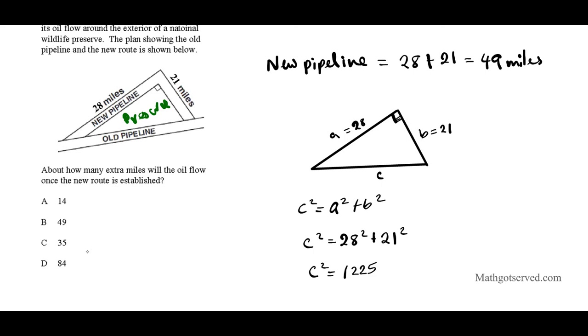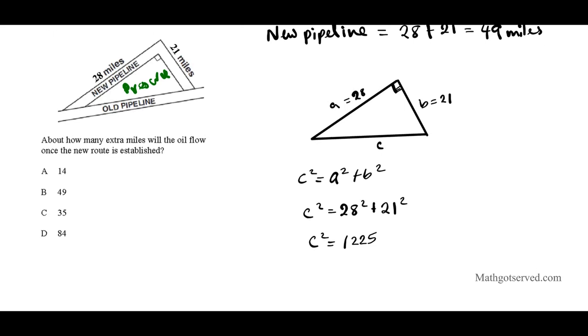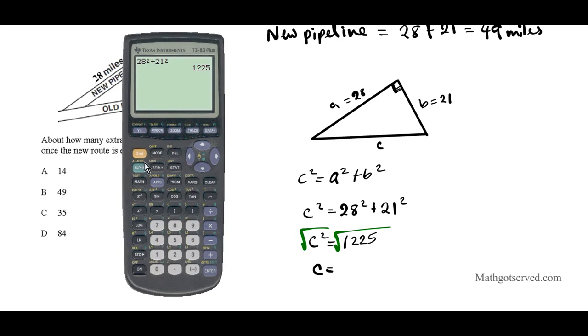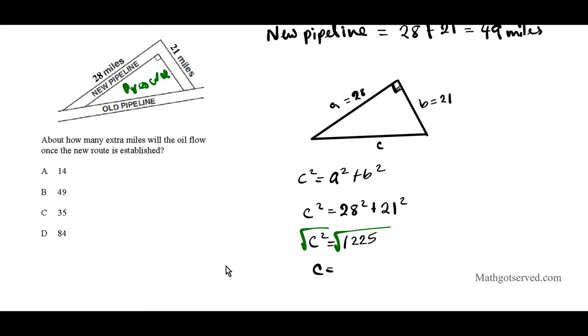So to get C, we're simply going to take the square root of both sides. So C equals, well, let's see, what is the square root of 1225? So square root, I'm going to insert the answer using the second function negative, 35. Okay, so C is 35.